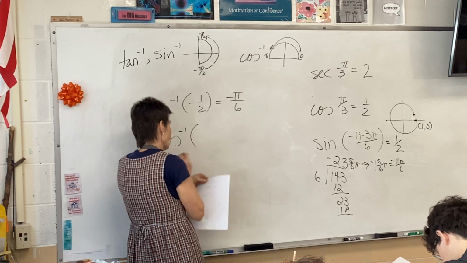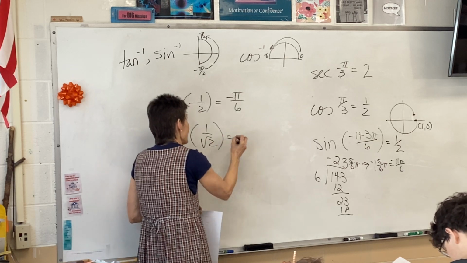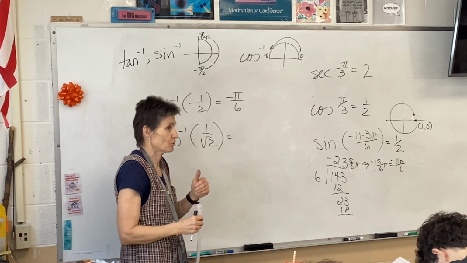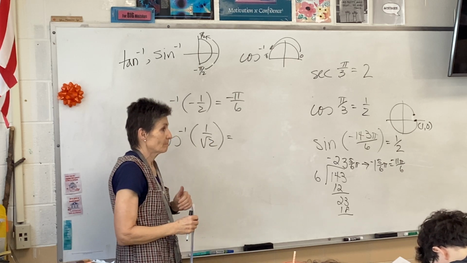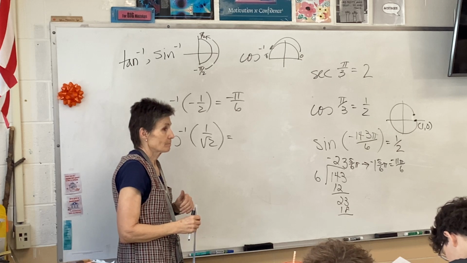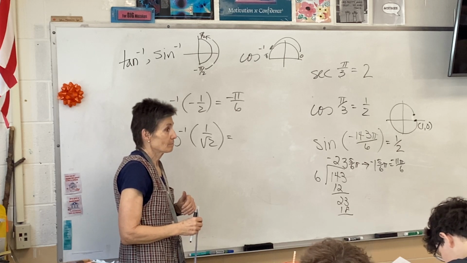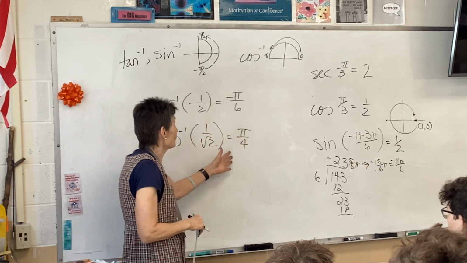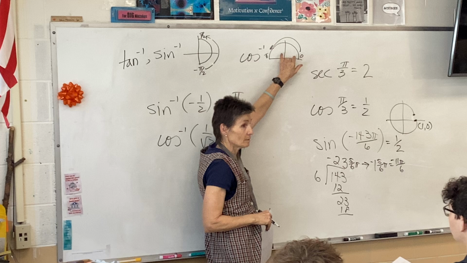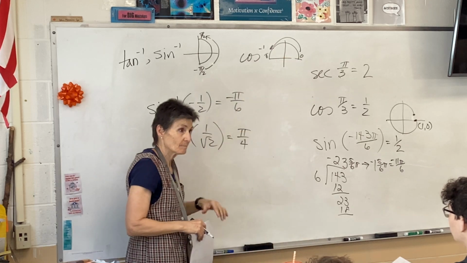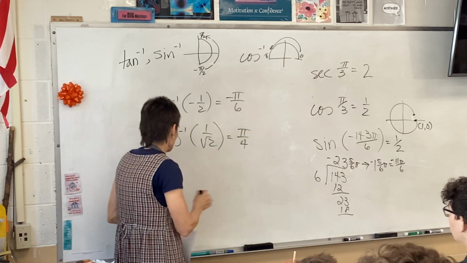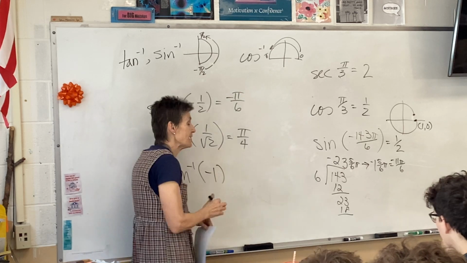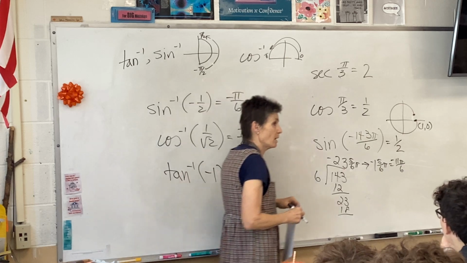What is the angle that has a cosine of 1 over root 2, or root 2 over 2? Pi over 4. And you can say pi over 4 because that's in your range, right? What is the angle that has a tangent of negative 1?